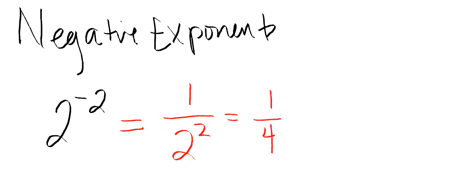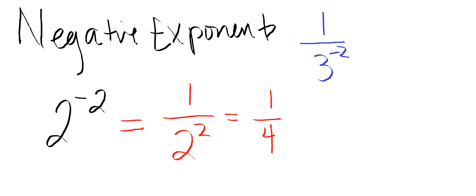Now, I don't want to say that it explicitly means the number is supposed to be in the denominator of a fraction. It actually means the number is on the other side of the fraction bar from wherever you're seeing it. Let me change color here, because I could very easily see something that looks like 1 over 3 to the negative 2.